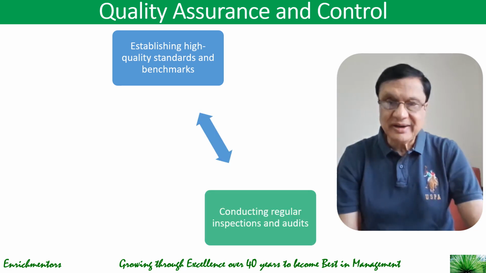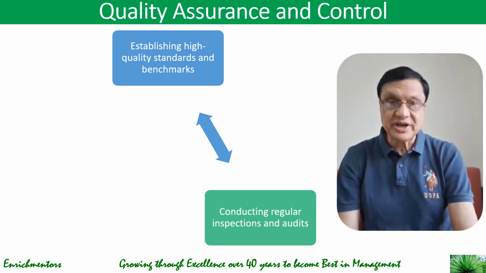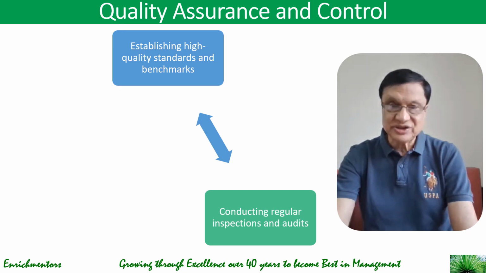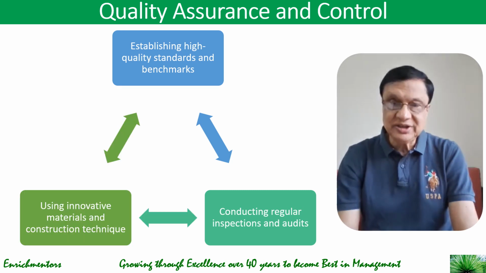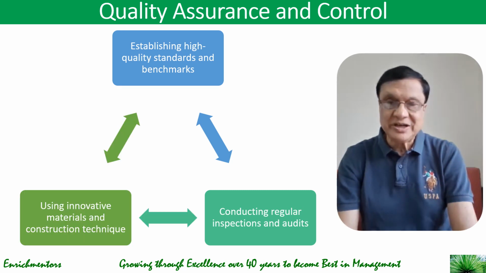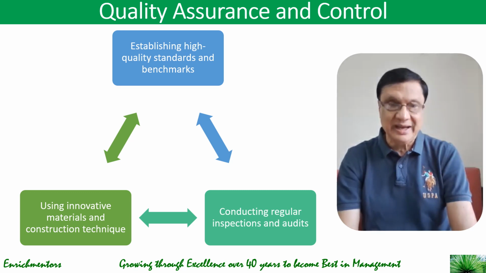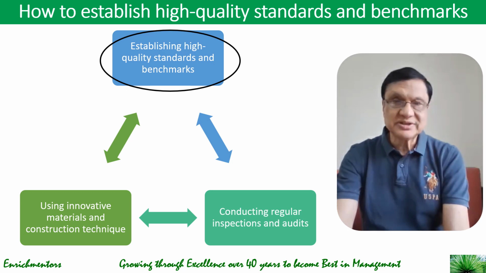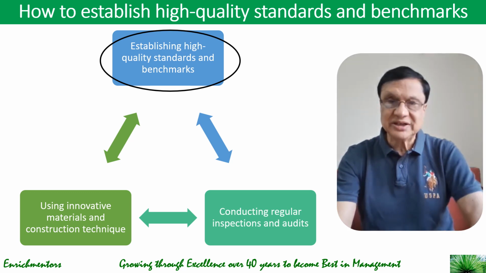Then you conduct regular inspections and audits to check whether your quality standards are being met, and accordingly you take actions. And then the third thing is to use innovative materials and construction techniques to ensure and control quality. So let's take a look at how to establish high quality standards and benchmarks.